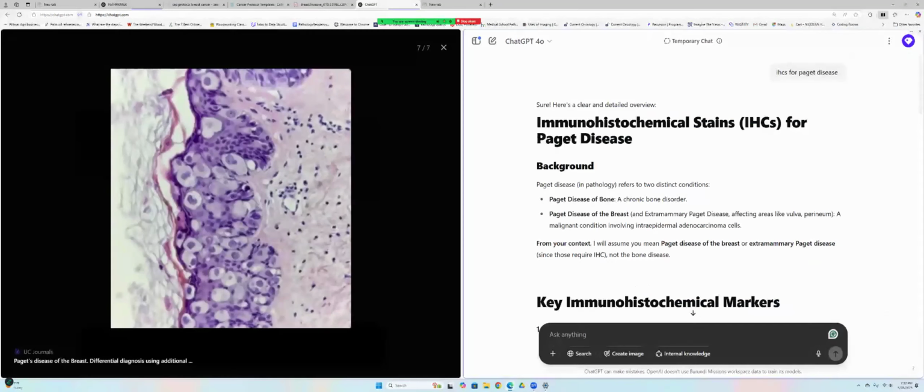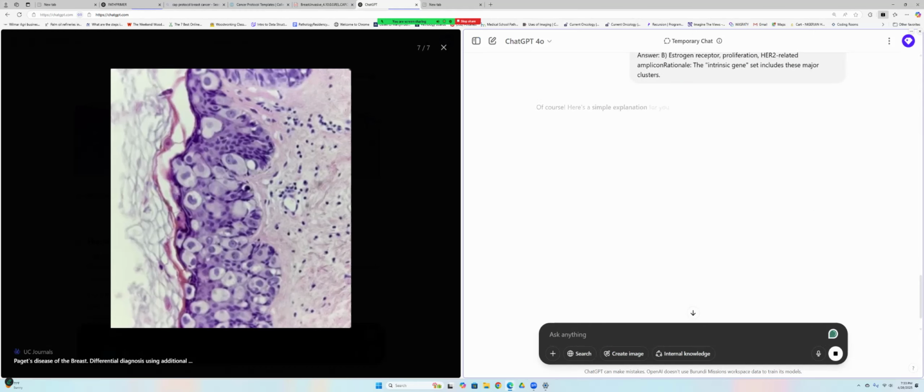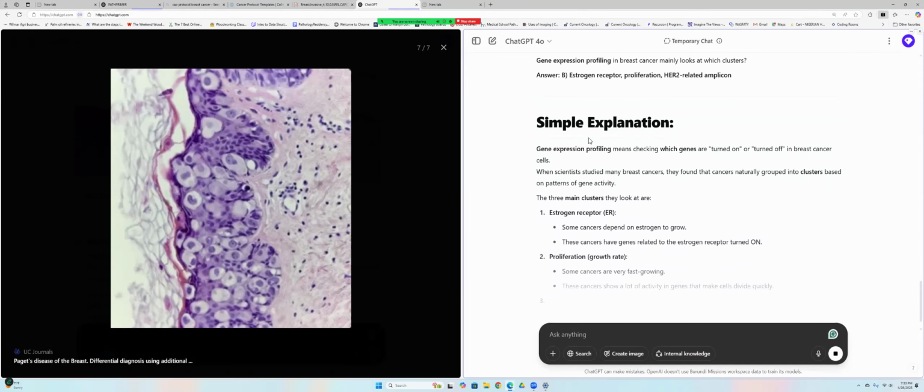Let me see if we can explain this question in simple terms. Sometimes if you don't understand something, you just overlook it, and you may encounter it in the future. Gene expression profiling means checking which genes are turned on or turned off in breast cancer.